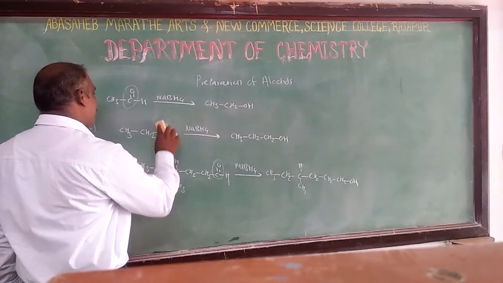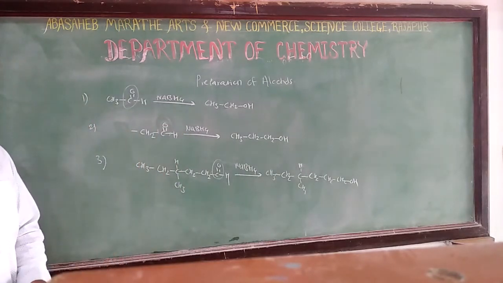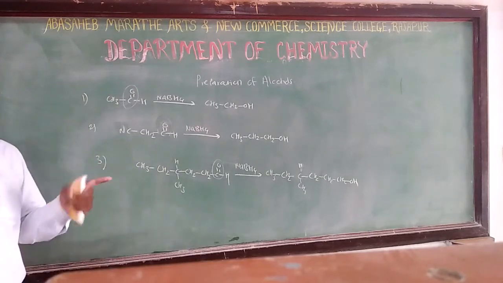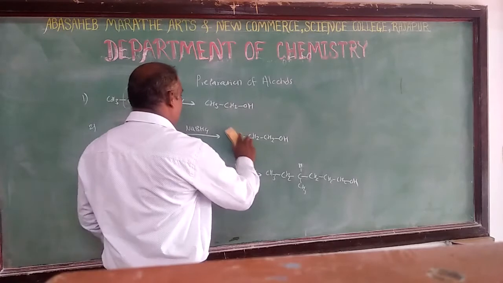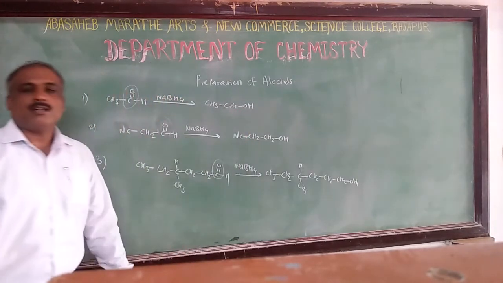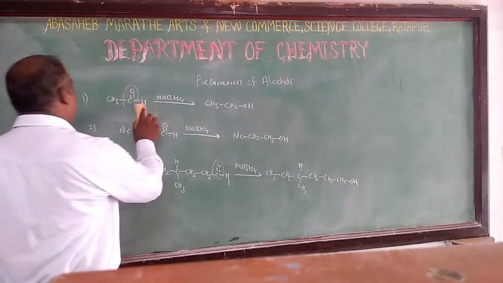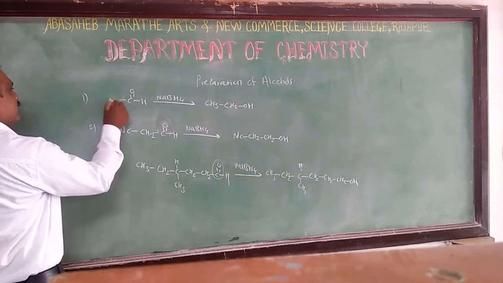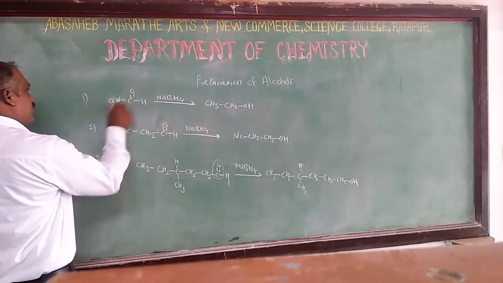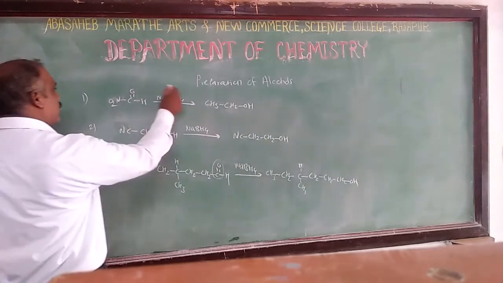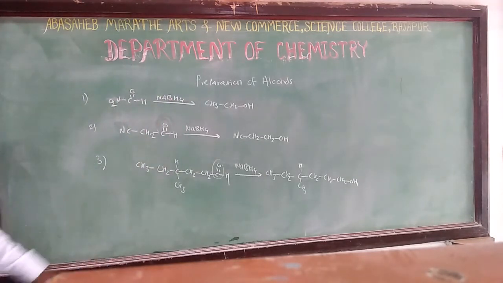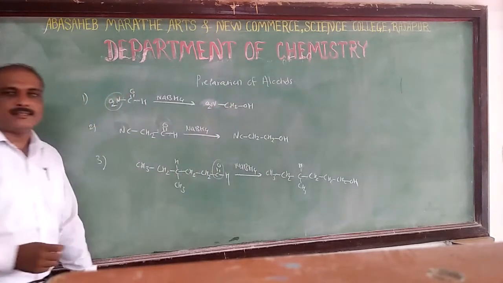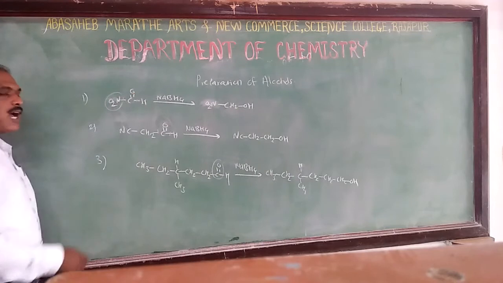If we replace this CH3 by a cyanide group, the cyanide group is not reduced by sodium borohydride, because it is a weak reducing agent. Similarly, with a nitro group, sodium borohydride does not affect the nitro group; it reduces only the carbonyl group.